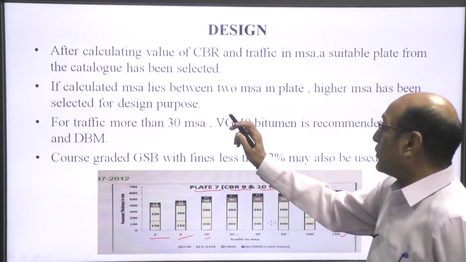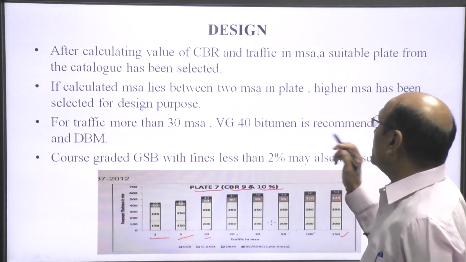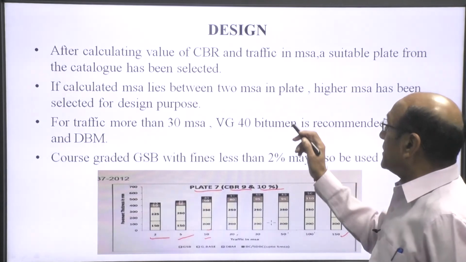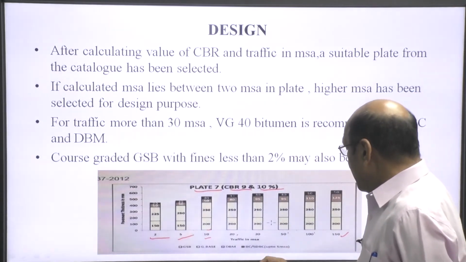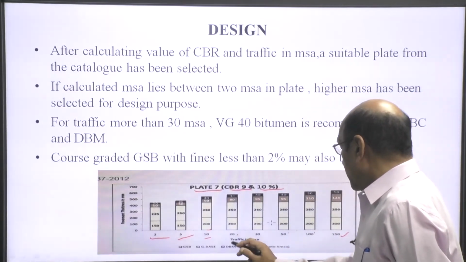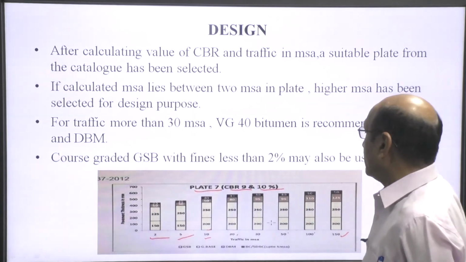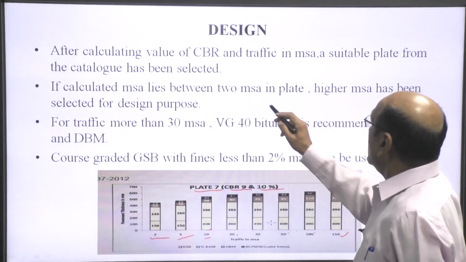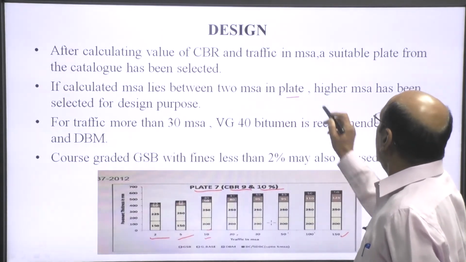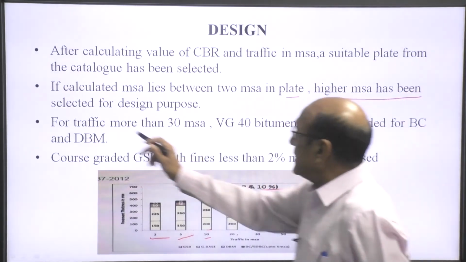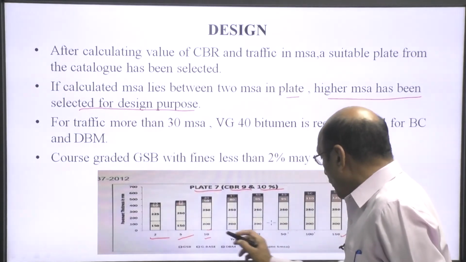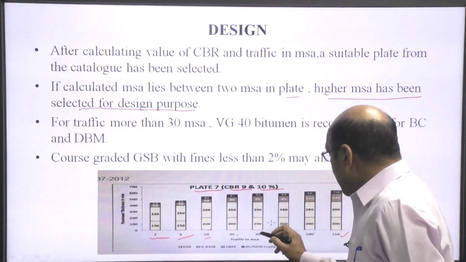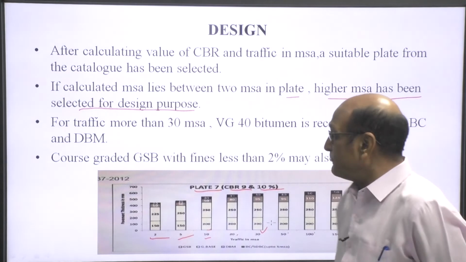If the calculated MSA lies between two MSA values, suppose here our MSA lies between 20 and 30, so 25, lies between two MSA plates, the higher MSA has been selected for the design purpose. So, we will design on the basis of 30 MSA.